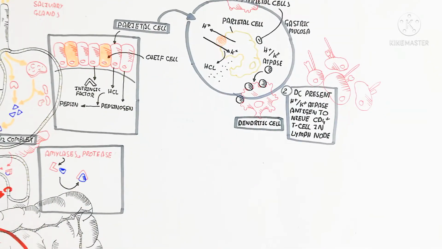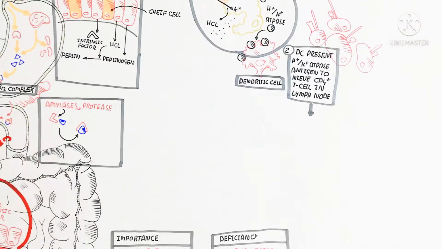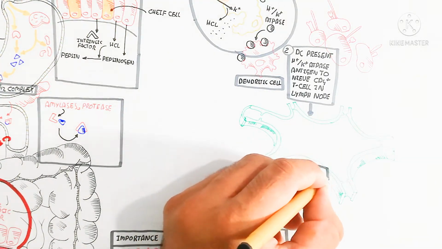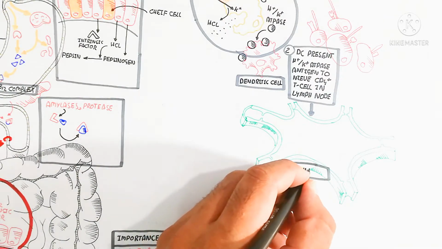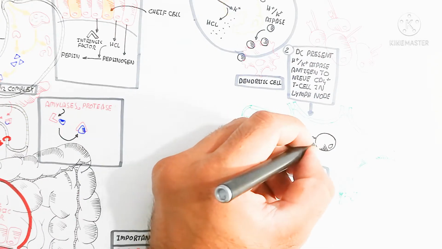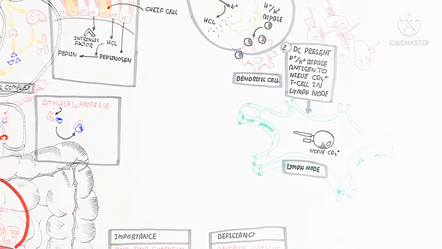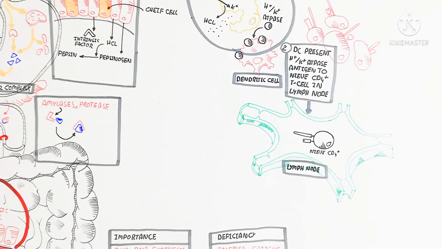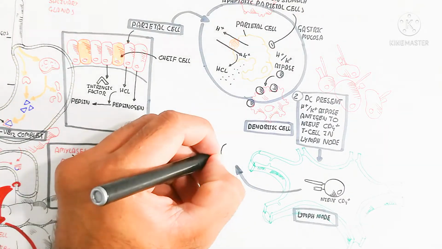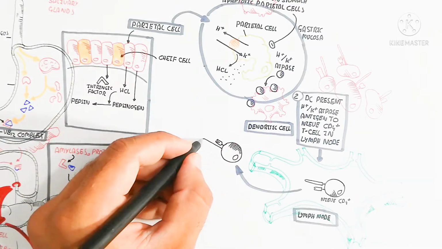After the dendritic cell recognizes the ATPase pump enzyme, the response against this enzyme will cause damage to the parietal cell. Here is the lymph node which contains a naive CD4 T cell. After activation, the naive T cell converts into a mature CD4 T cell, which is hydrogen potassium ATPase reactive and will attack the parietal cell.